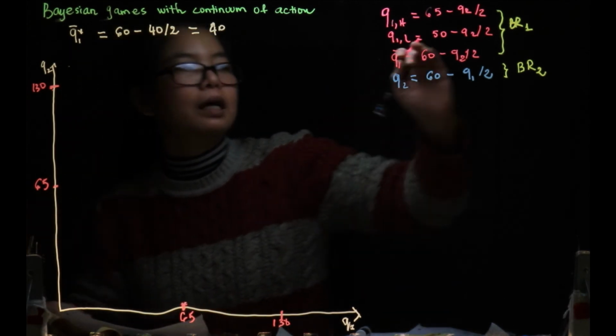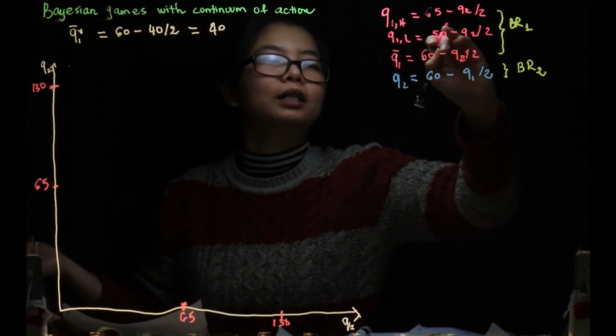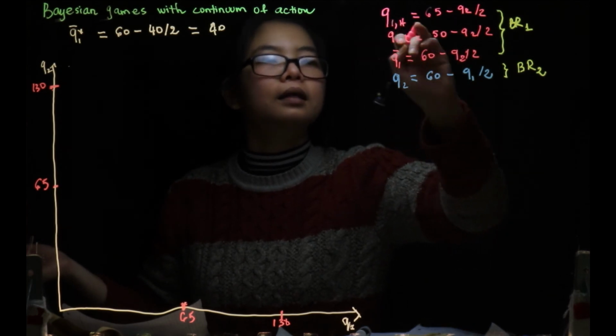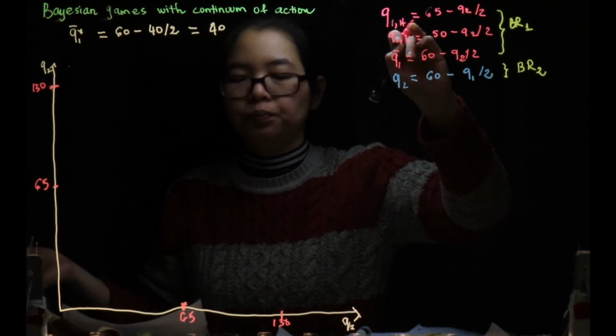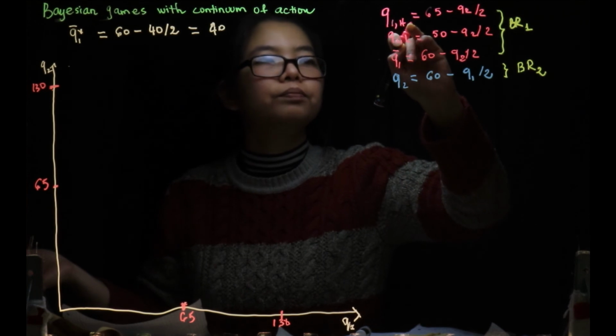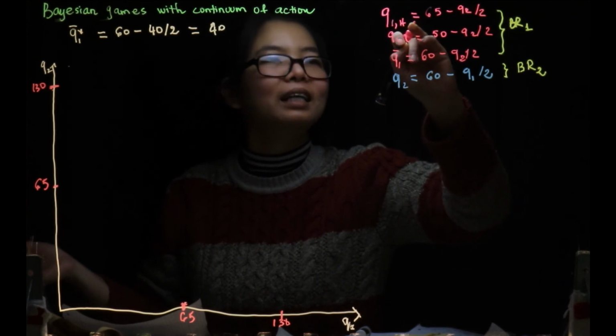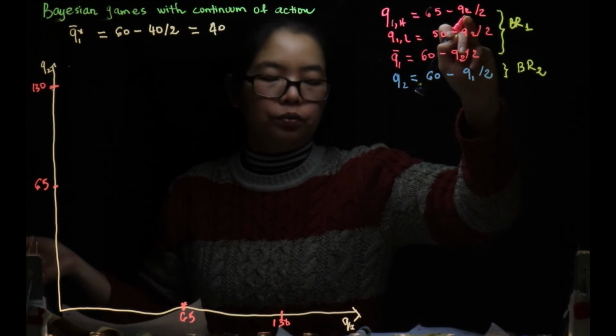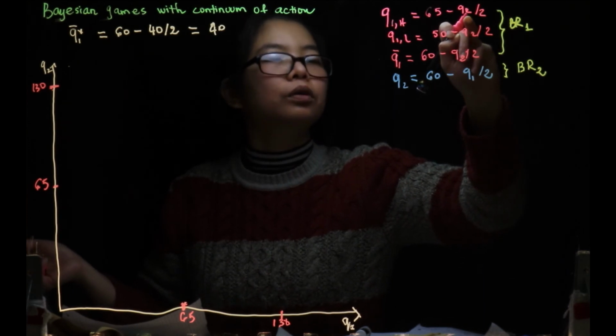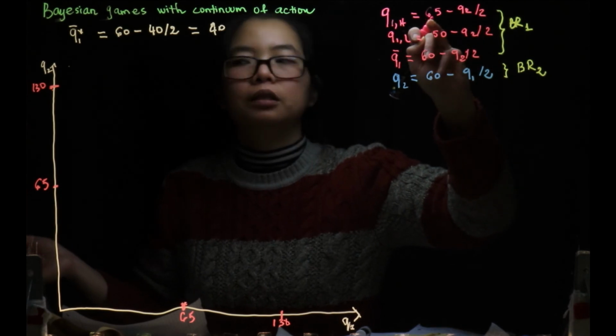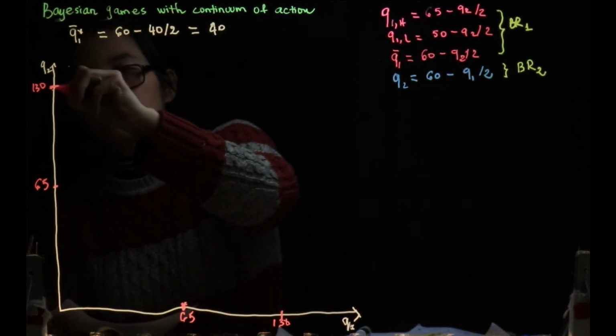The second intercept, I showed you last time, right? Set Q1 high equal to 0. Then you solve for Q2. So Q2 would be 2 times 65, 130.